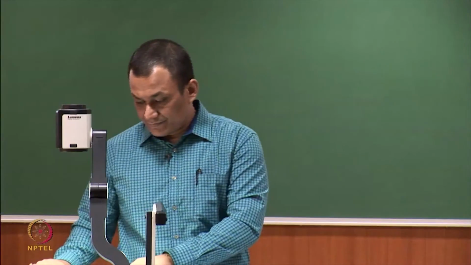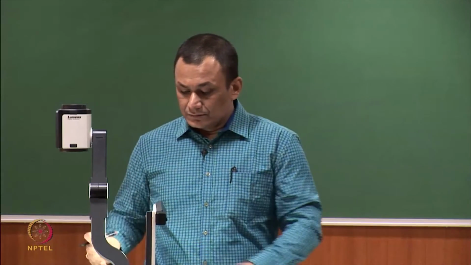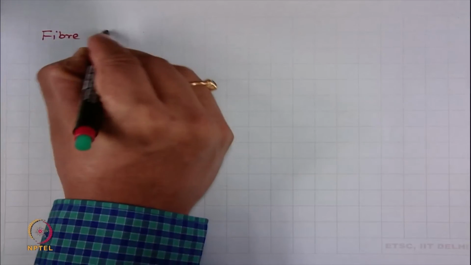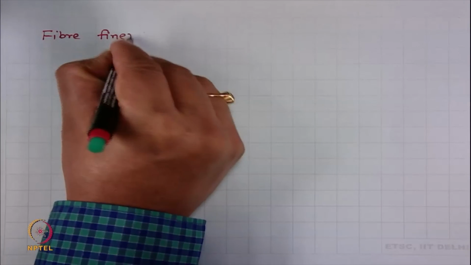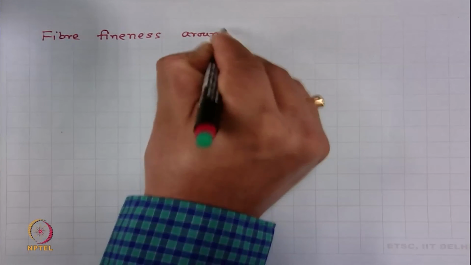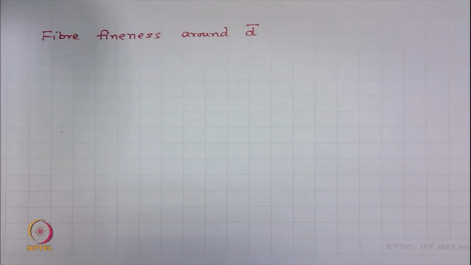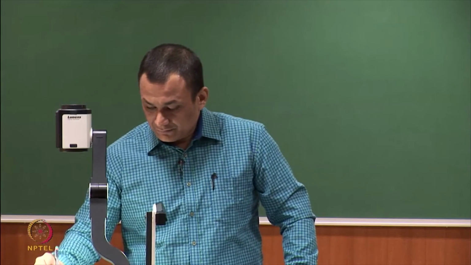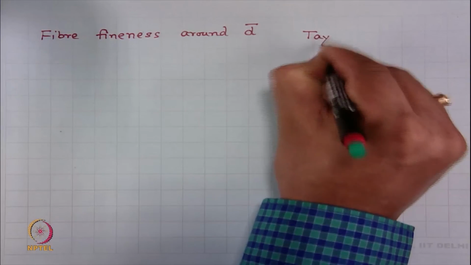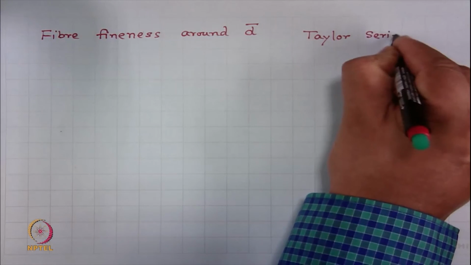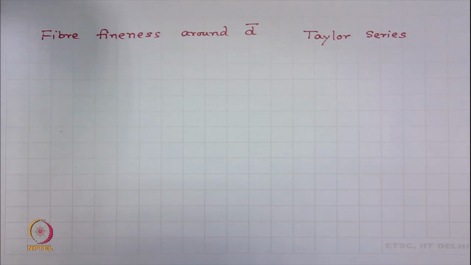Now, we need to find out an expression for fiber fineness around mean value d bar. This can be obtained using Taylor series. What does this Taylor series say?